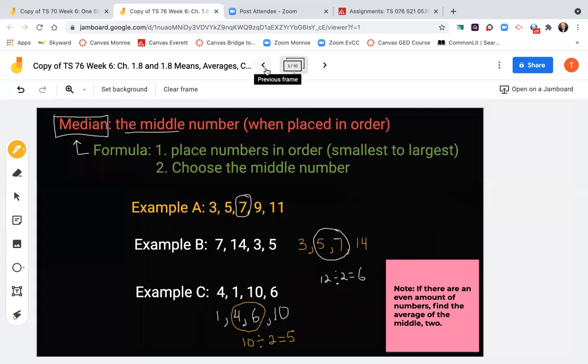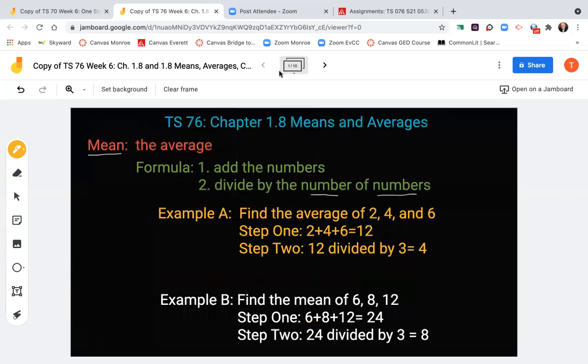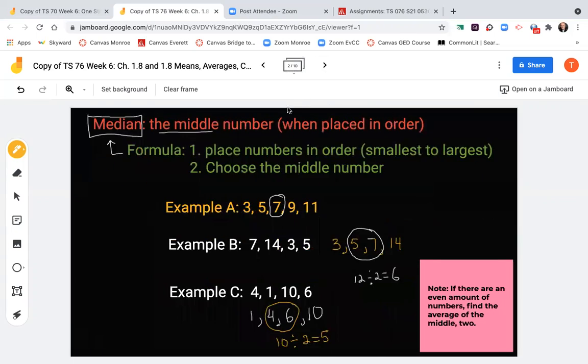So again, in fast review here, to find the mean, we add up all the numbers, divide them by how many numbers. To find the median, we place all the numbers in order from smallest to largest, and then choose the middle number, like in example A here.